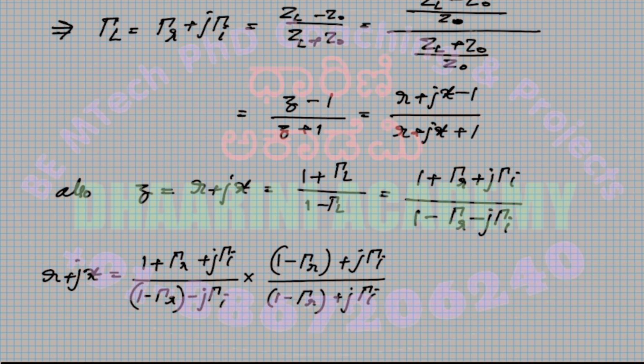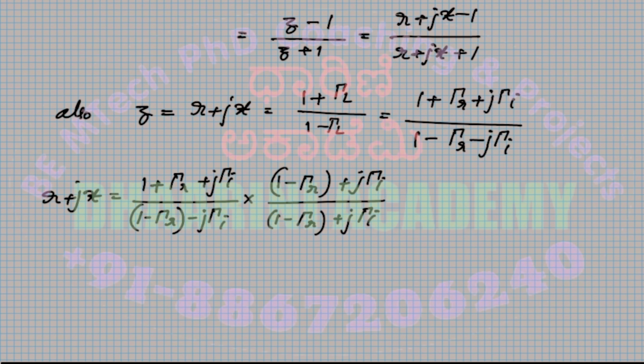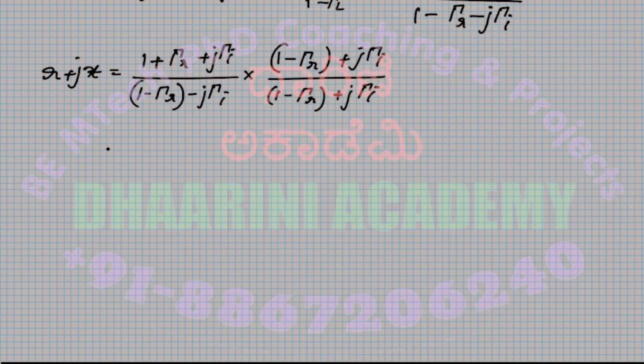All right, so let us multiply. I can multiply 1 plus gamma R and 1 minus gamma R, that is (a plus b) into (a minus b), so I get 1 square minus gamma R square.